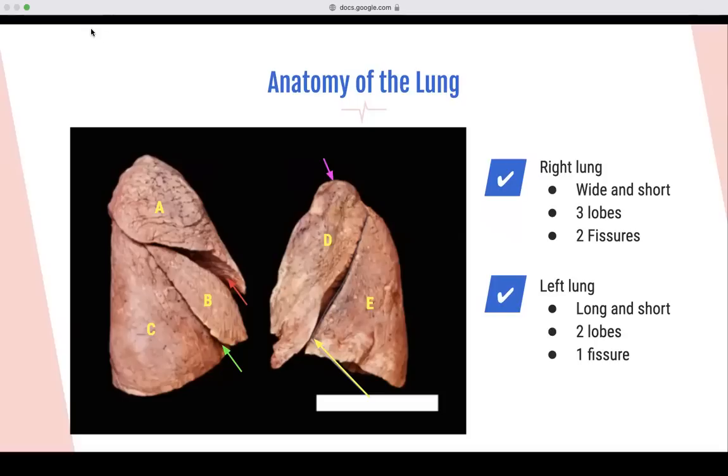Exactly. And in the left lung, what is the yellow? Which fissure is it? Oblique fissure of the left lung. Exactly. And the pink arrow points at the apex, right?